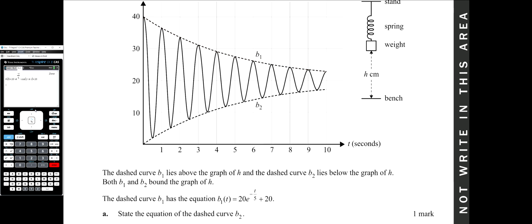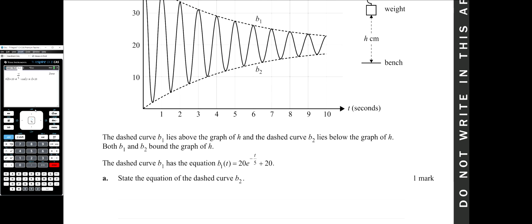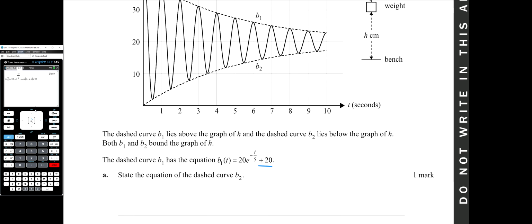Now the equation of the dash curve b2 is pretty much the same as b1, except that it's reflected, but not in the t-axis. It's reflected in the line y equals 20. As you can see, y equals 20 is basically the line of symmetry between b1 and b2. So just reflecting it in the line y equals 20 is quite easy, because we have a plus 20 for b1.